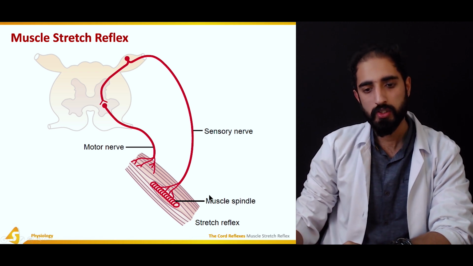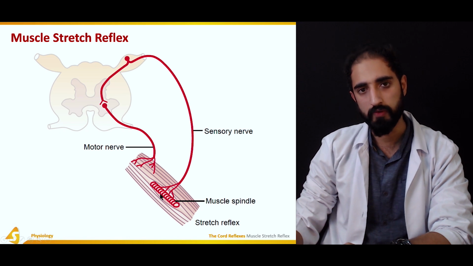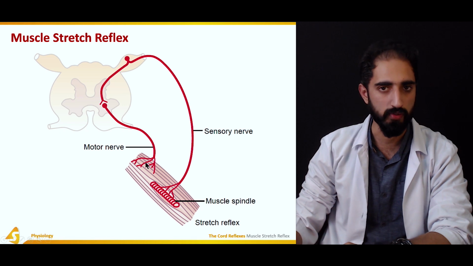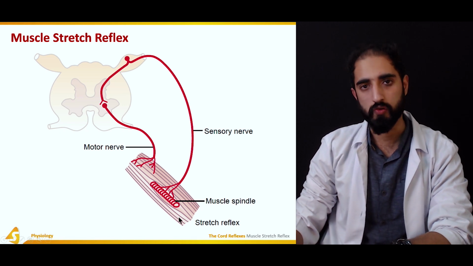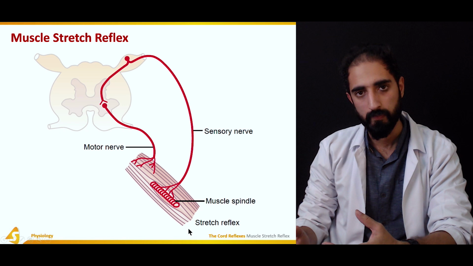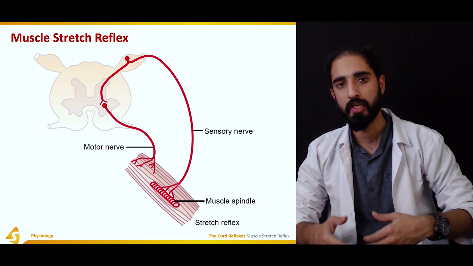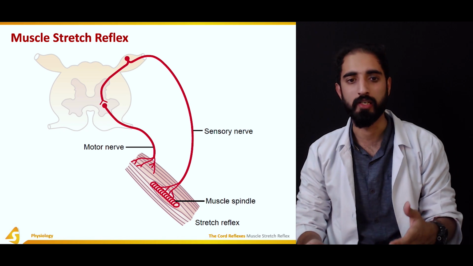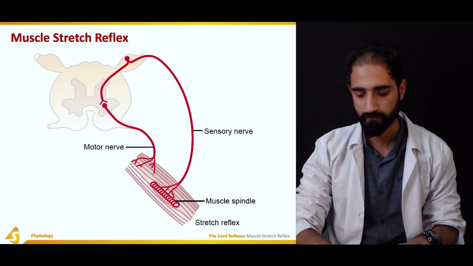So the innervation of the muscle spindle due to lengthening of the muscle in turn causes the contraction of the extrafusal muscle fibers and thus contraction of that muscle, which was actually a muscle stretch reflex because lengthening of the muscle resulted in contraction of the muscle.